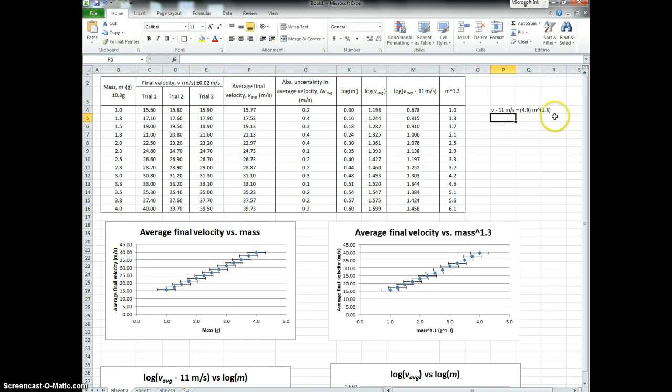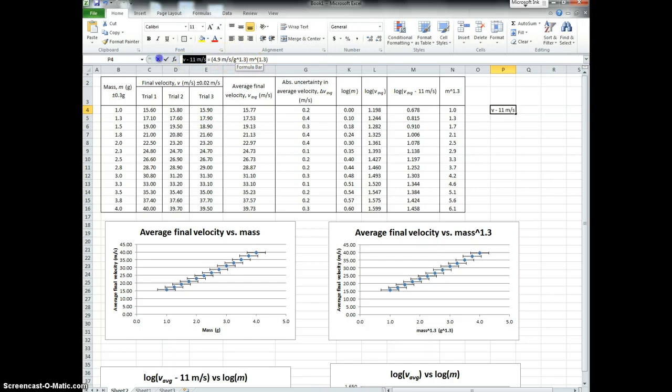What are the units? Well, if I isolate the 4.9, I have something in meters per second divided by something with grams to the 1.3. So the units for 4.9 are meters per second per gram to the 1.3. See that? So now I've added in my units using dimensional analysis.